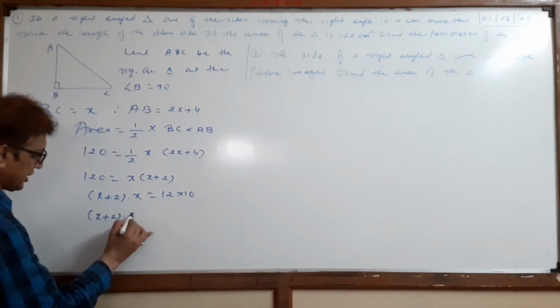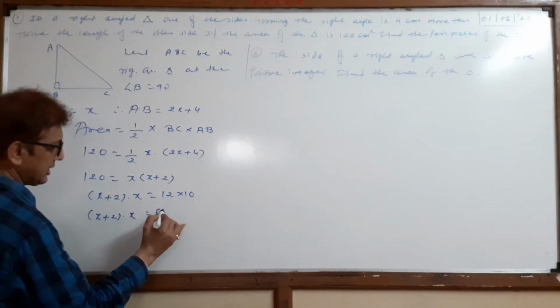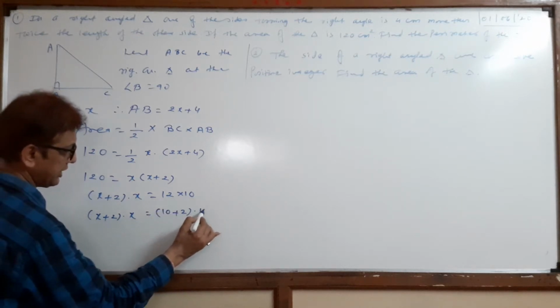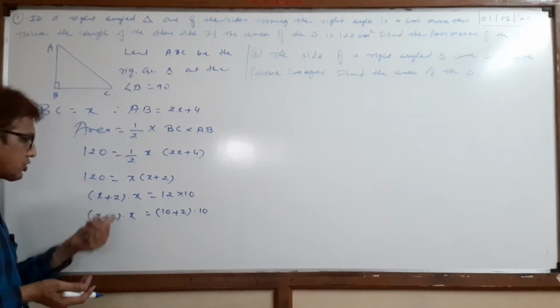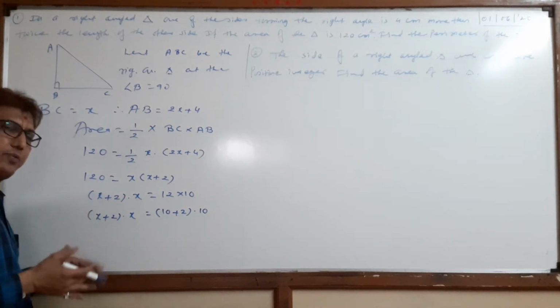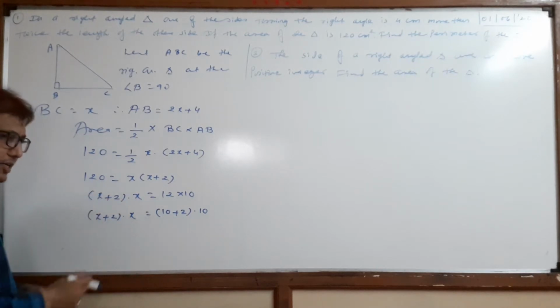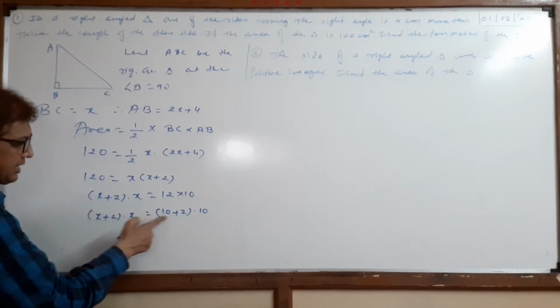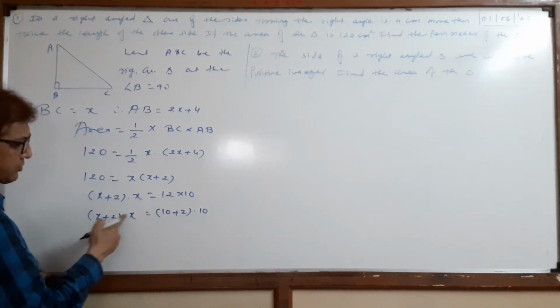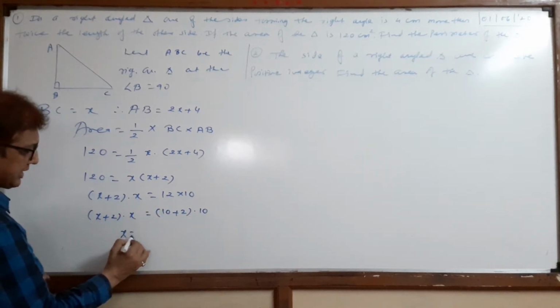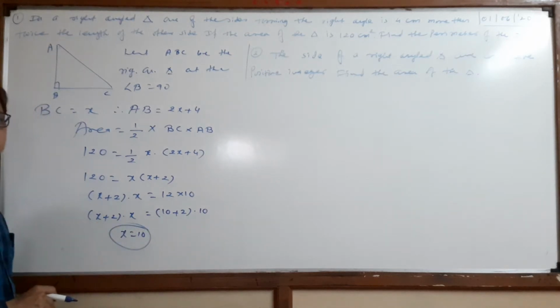Here x plus 2 is 12 and x is 10. Directly you can solve the quadratic equation also, multiply this out, then find the factors, or otherwise directly you can solve it. Now compare, x plus 2 equal to 10 plus 2, so x equal to 10. So we directly find x equal to 10 as the answer.